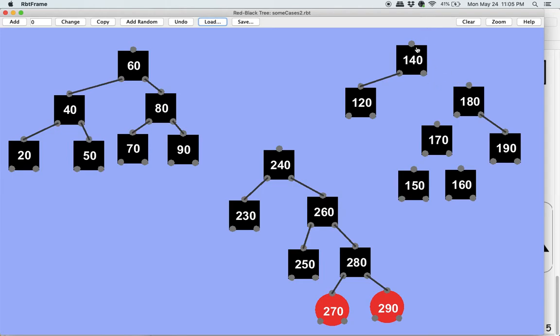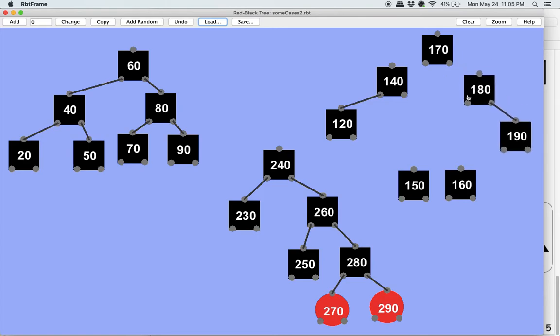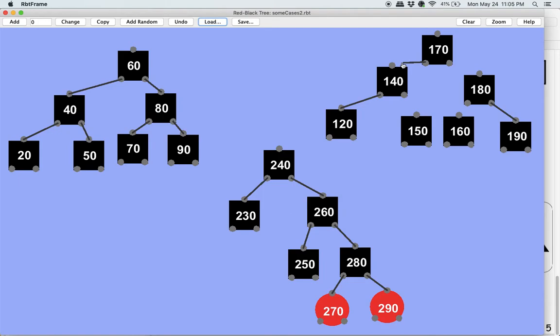Also disconnect the parent from the sibling. The niece comes up, and then everything here falls into place, and we have a subtree that looks like this. This is basically effecting a double rotation. And that is the result there.